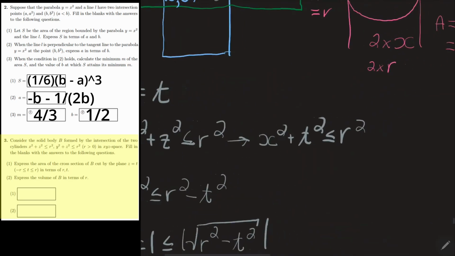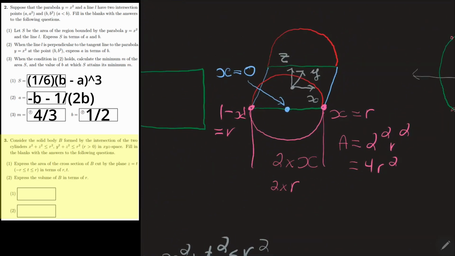So what this means, if we go back to our diagram, is that for any t value, which means at any level that we cut the cylinder at, the x value at the edge will be equal to the square root of r squared minus t squared, or the negative of that square root on the other side. So let me draw that. And first, let me remove this stuff that I already drew to make it easier.